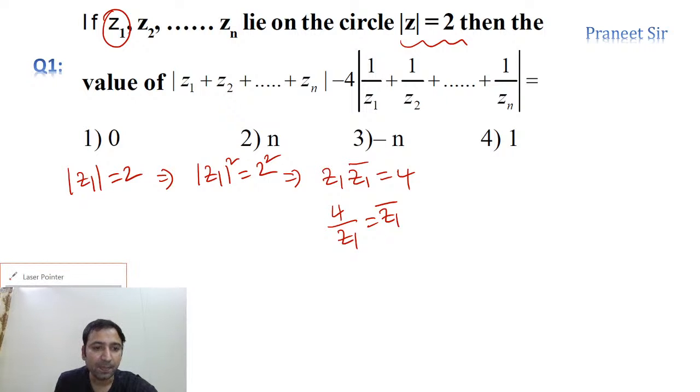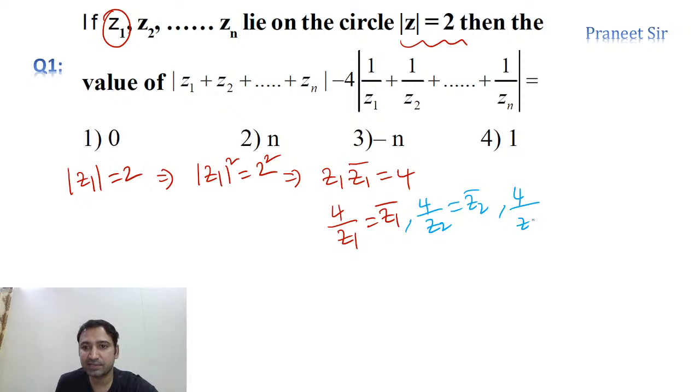So similarly we can write 4 by Z2 is equal to Z2 bar, 4 by Z3 is equal to Z3 bar, and so on like this. So substitute all these values here. Why?